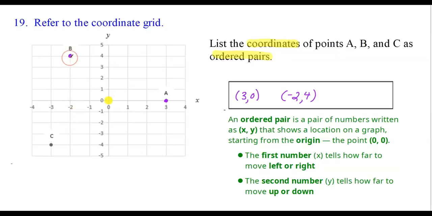So the y value is +4 because we moved up, which shows up over here. So x is -2, y equals 4. So that's the coordinate for point B. This is point A, point B, and then we've got to do point C.